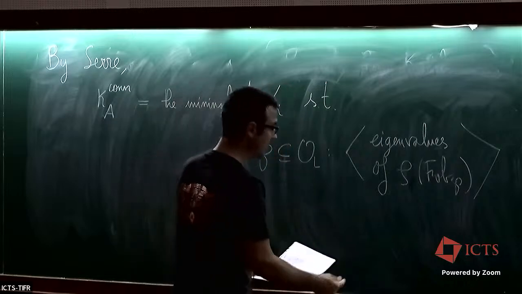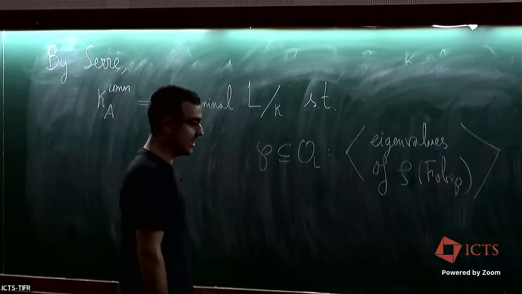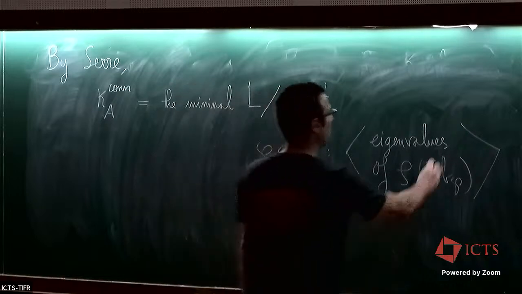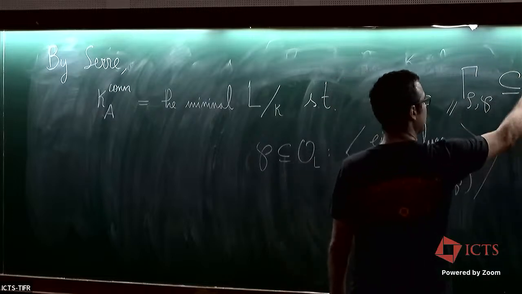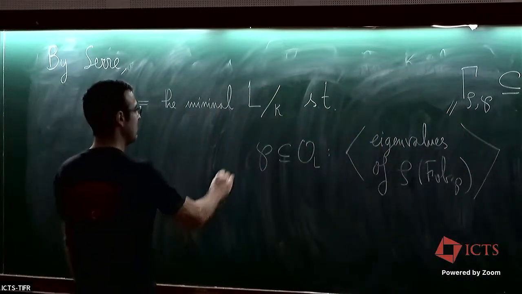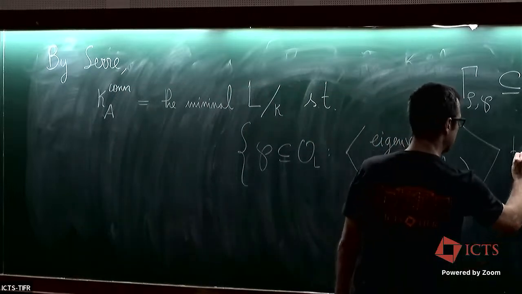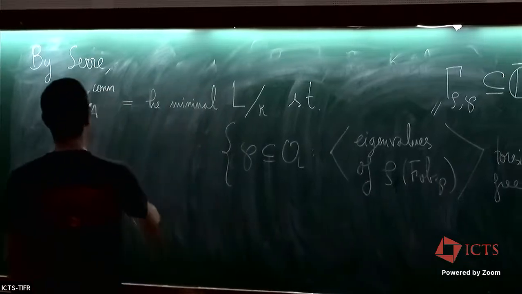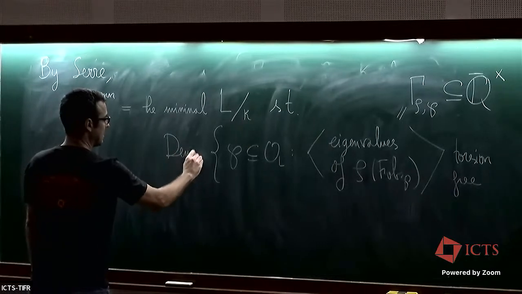These eigenvalues belong to Q bar because the characteristic polynomial of this matrix has coefficients in Q. I will denote this group by gamma_{rho,P}, so it's some subgroup of Q bar star. And then look at the set of primes P for which this subgroup is torsion free. Then Serre characterizes K connected as the minimal field for which this set has density 1.